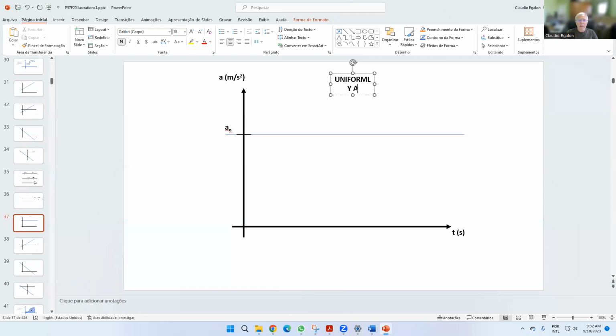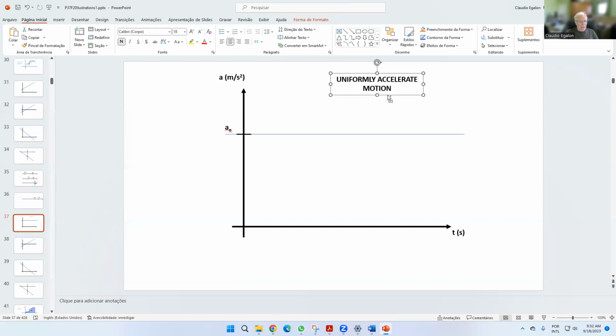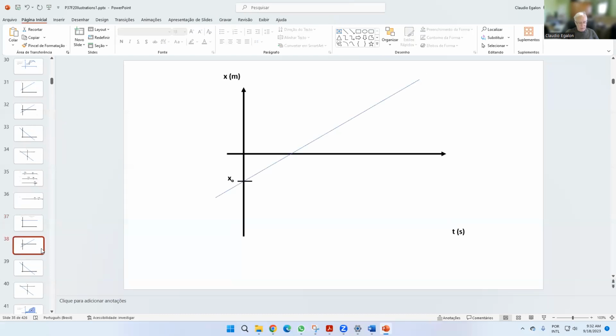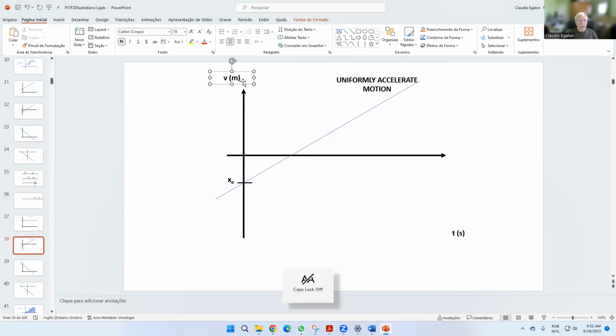Uniformly accelerated motion. Our next graph is going to be something like that, but with a different y-axis.